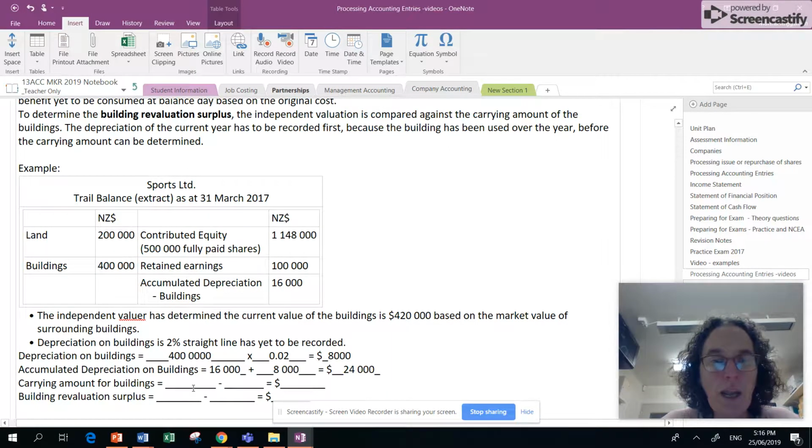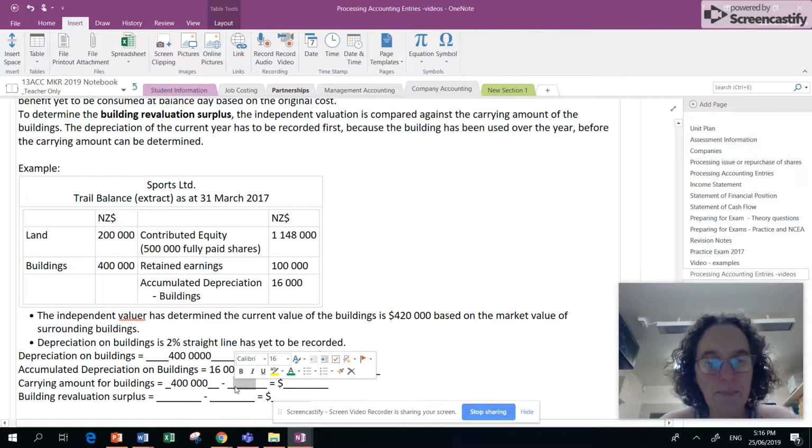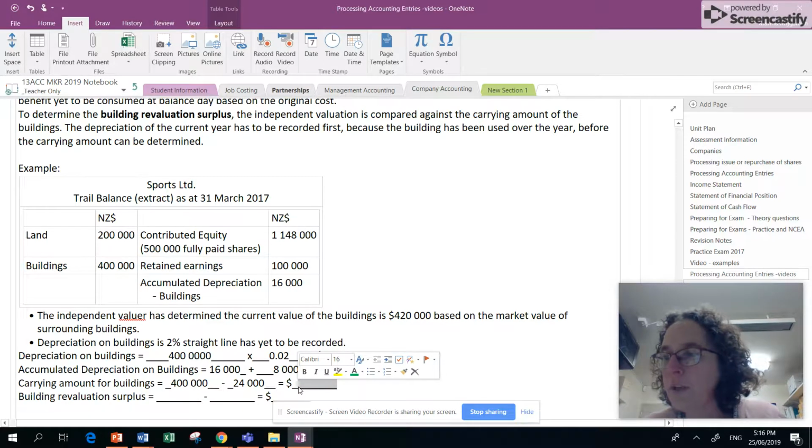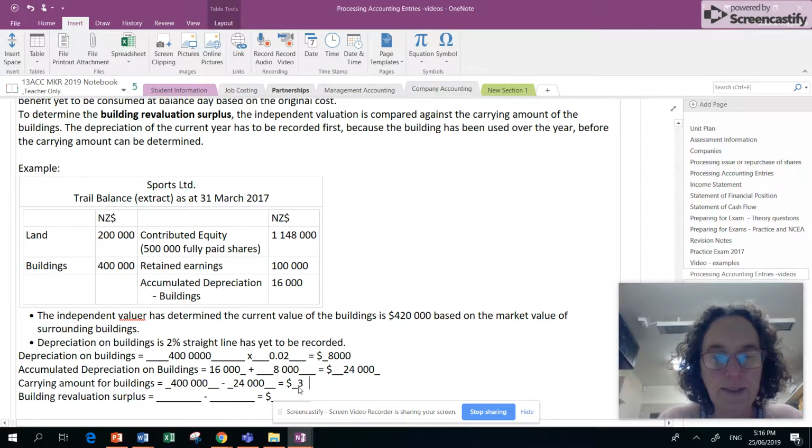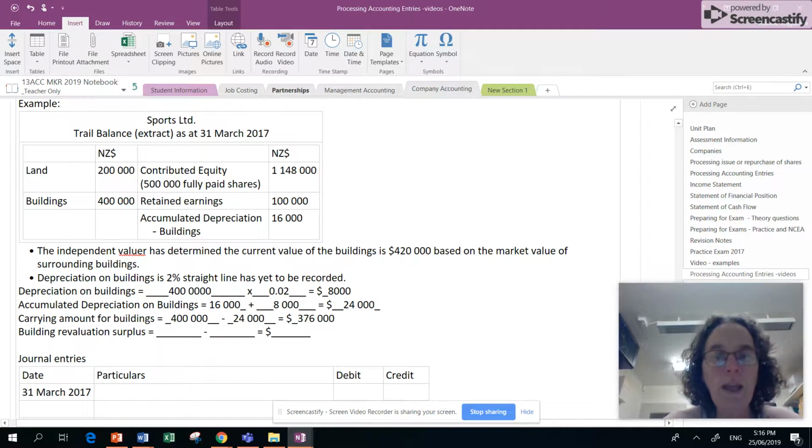Our new carrying amount for our buildings is going to be the $400,000 minus our new accumulated depreciation of $24,000. That gives us our new carrying amount for the buildings, which is $376,000.